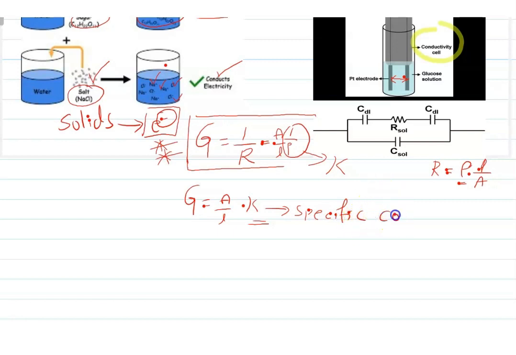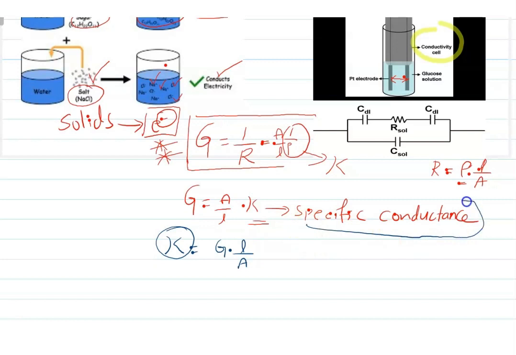When I write the formula for conductivity, conductivity is equal to conductance into L by A.